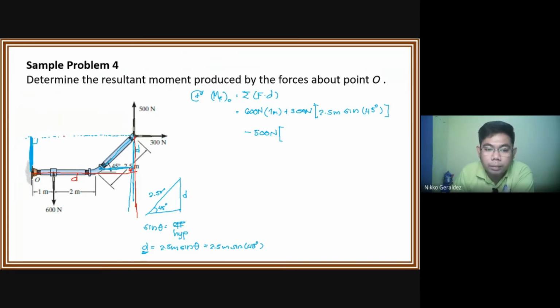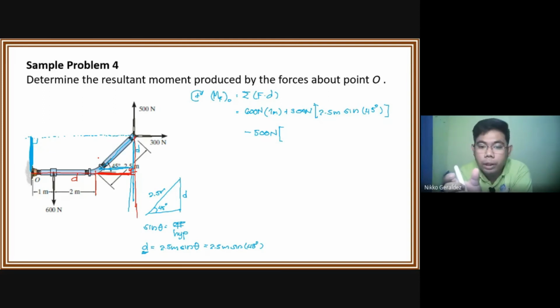Sa object natin, given na yung 1 meter at yung 2 meters. So, that is from point O hanggang doon sa portion na naka-incline yung object natin. Ang problema na lang natin, ano yung length ng horizontal portion na yun?